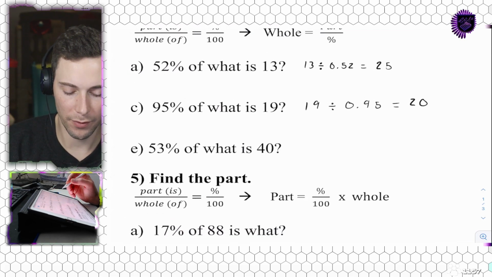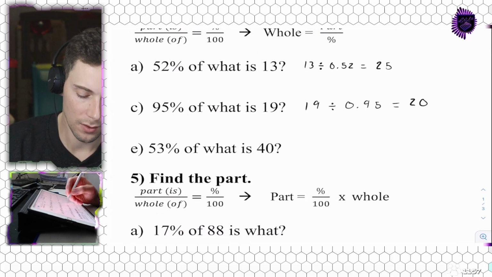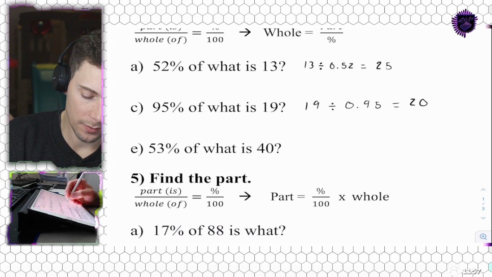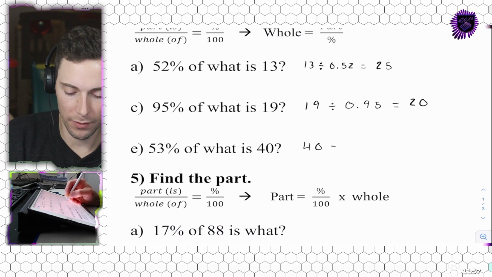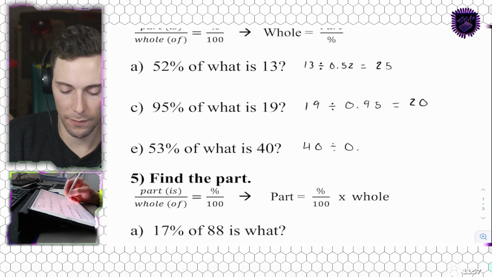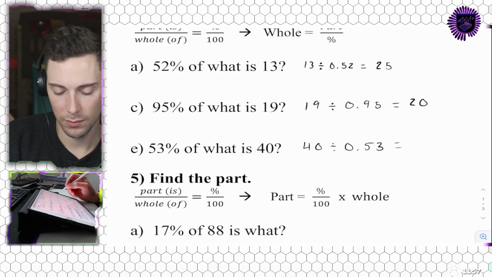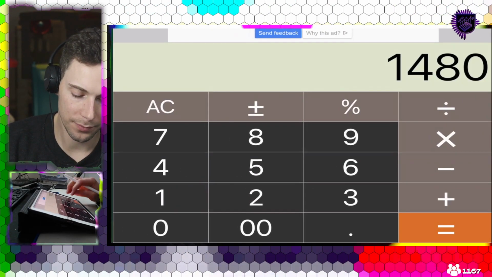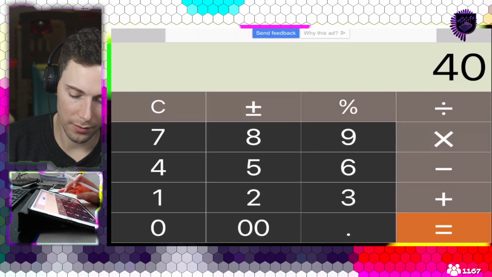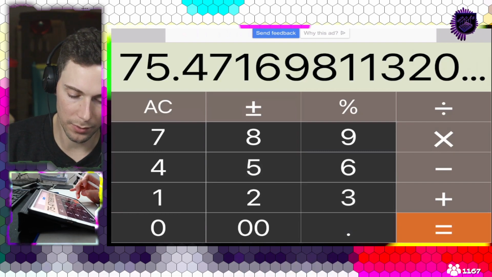53% of what is 40? 40 divided by 0.53 is going to equal 56, 55. Anyway, let's check it out. 40 divided by 0.53 equals 75.